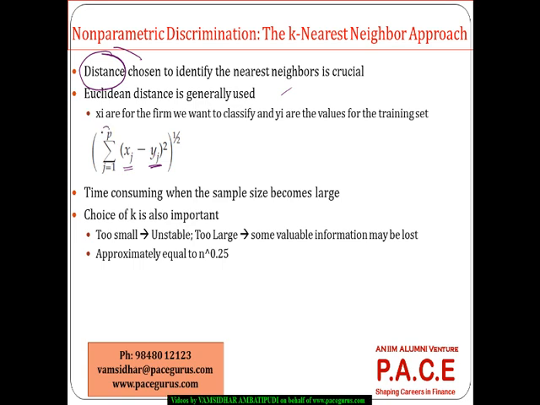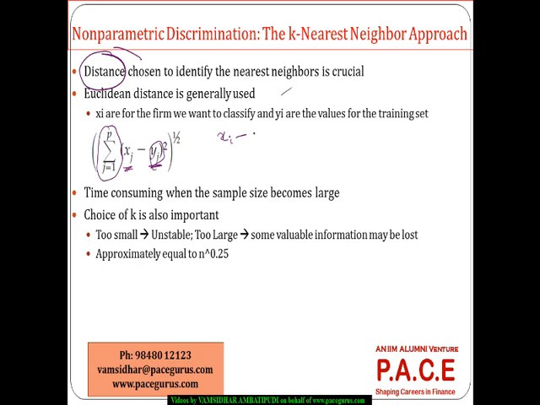And of course, let's say there are p parameters that we are using. So for each parameter, for example age, I take the age of the customer whom I am considering, and I also take the age of the training set.